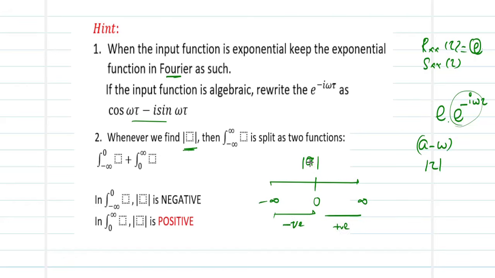So whenever we come across a modulus function, the integral from minus infinity to infinity has to be split into two: minus infinity to 0 and 0 to infinity. You cannot integrate them keeping it as one single function because this modulus behaves differently in two different zones.